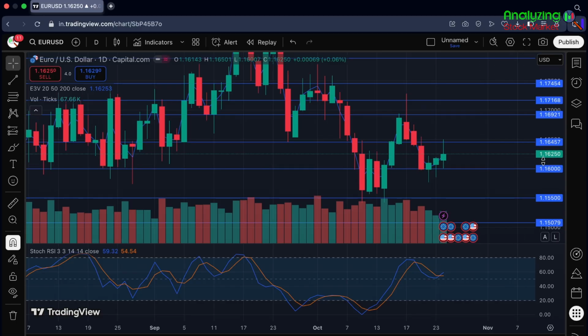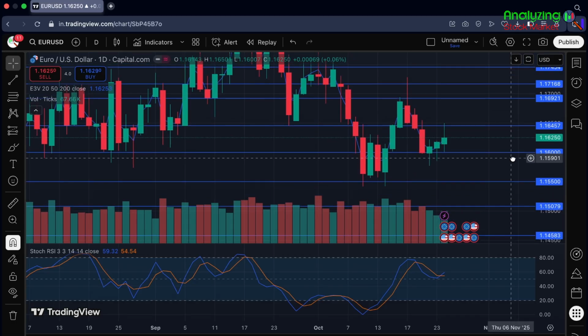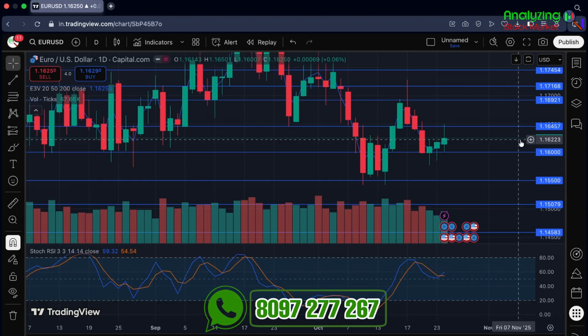The direct support is 1.16000 and direct resistance is 1.16457. After the direct support there is a support of 1.15500 and then 1.15079. So these are the important support zones and resistance zones that will help you to take better stop loss and target levels according to your bias, and also this will help you to take a better decision for this week.